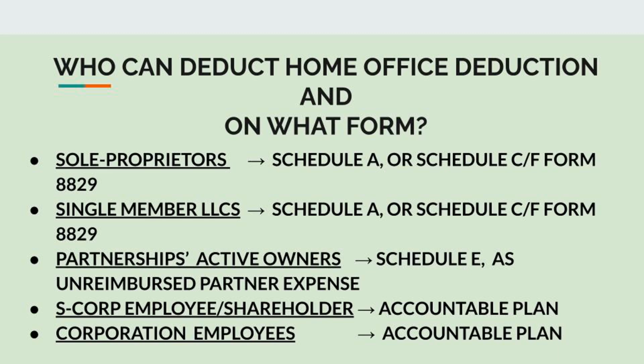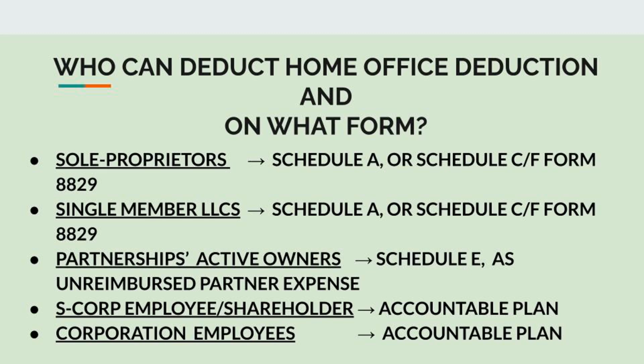In the same manner, if you're a farmer and you need to report your income on Schedule F, use the same Form 8829. If you're a single member LLC, you also will be using Schedule C or F depending on the type of income that you're having, and likewise you will be using Form 8829.